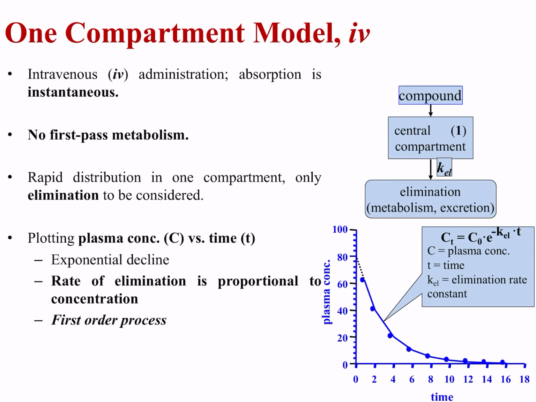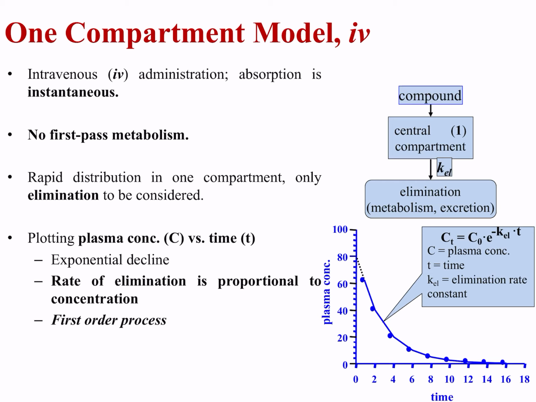These compartments can be modelled mathematically depending on the model. If we consider, for example, the intravenous route, this would be considered a one-compartment model. Absorption in this case is instantaneous, as can be seen from the concentration curve on the right. The graph shows an initial high concentration that then drops quickly over time. There is also no first-pass metabolism, as it doesn't enter the portal circulation. As there is rapid distribution in one compartment, only elimination is to be considered.